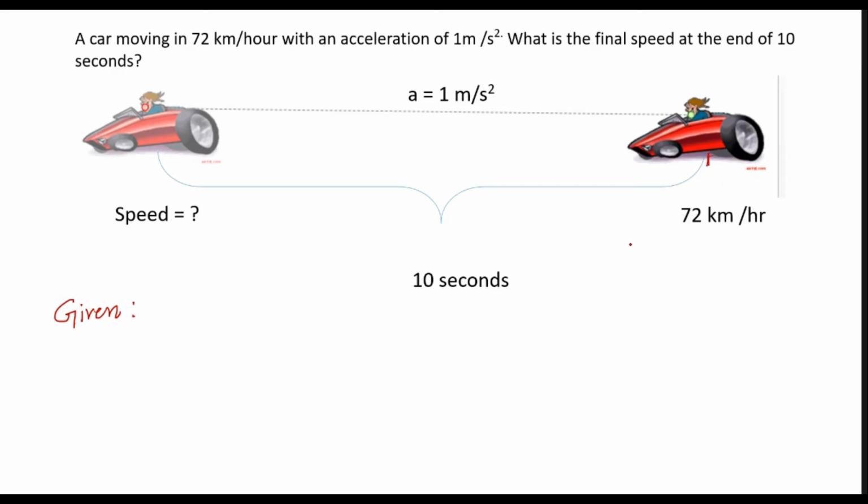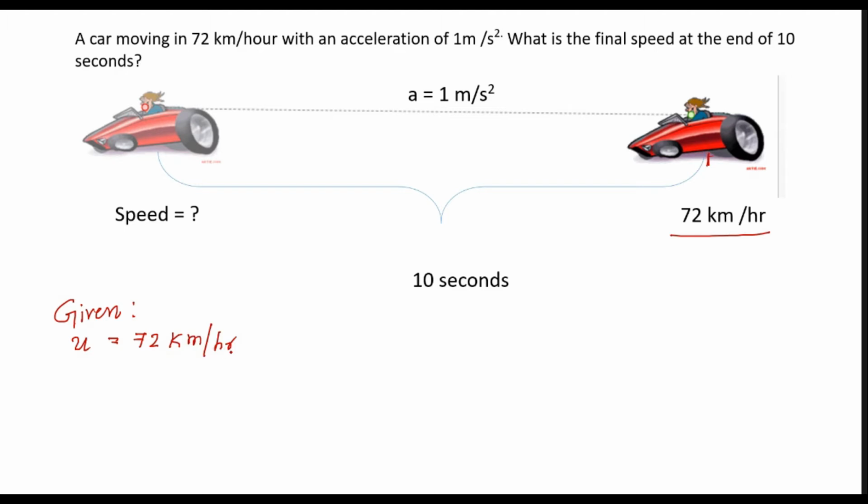So its initial speed is 72 km per hour. As I have already told you, initial speed can be initial velocity because it's a linear motion. And what is the symbol used for initial velocity? That is u. Please recall the previous video. So u is equal to 72 km per hour.